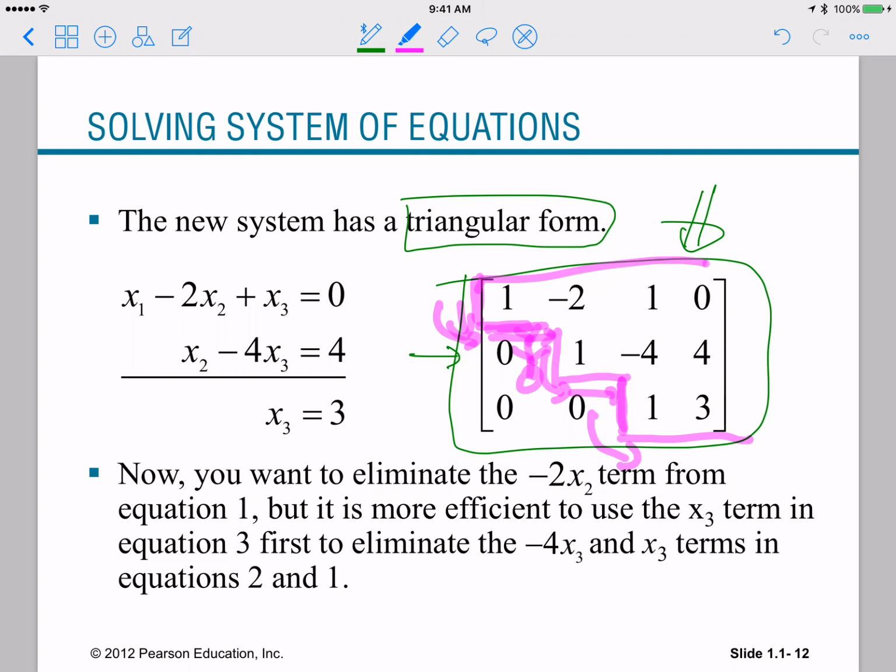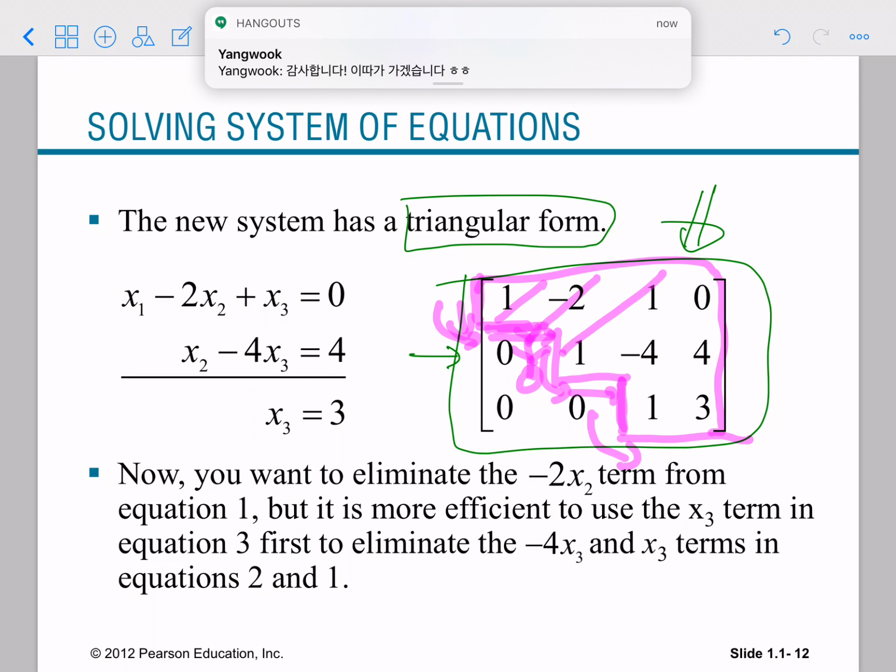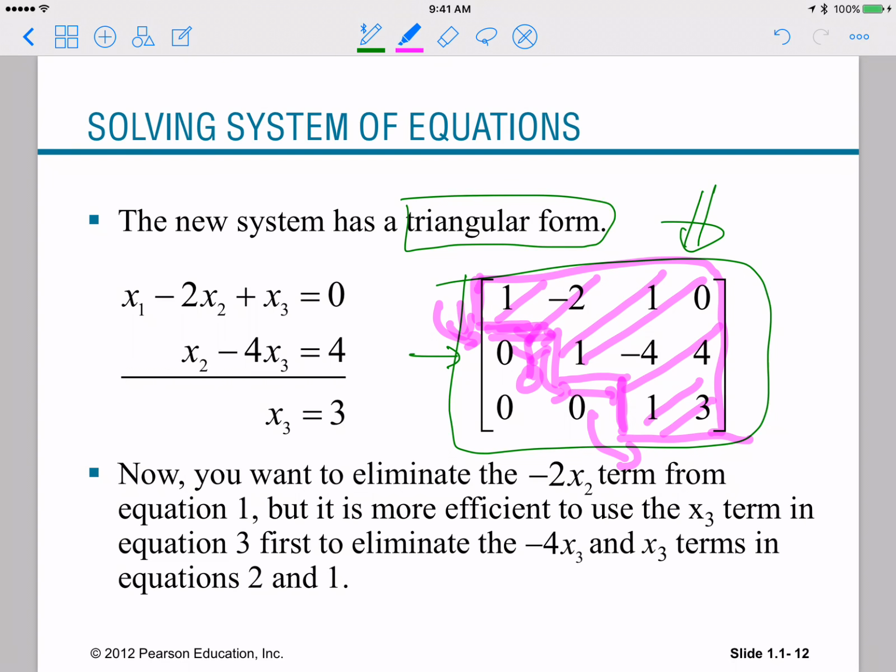So that way we can see this kind of a triangular matrix where the upper right part is filled with the non-zero values, but the left lower part is all filled by zeros. Okay, so we see 0, 0, 0 here.